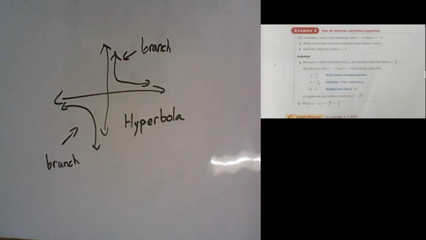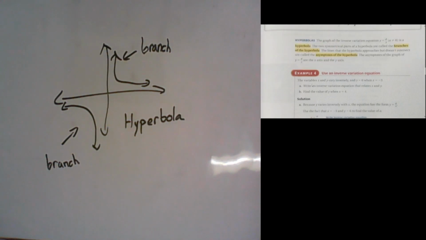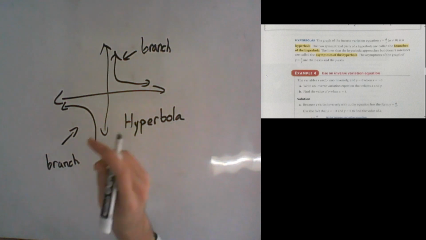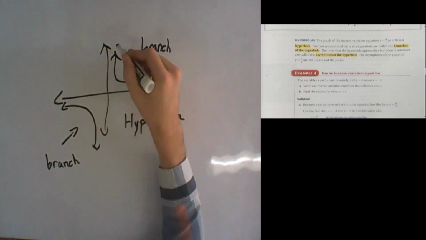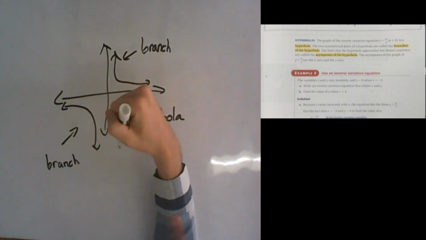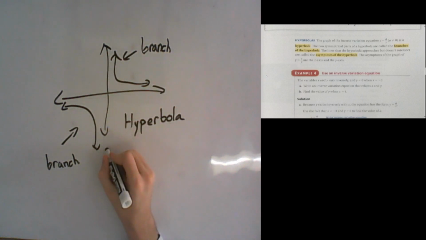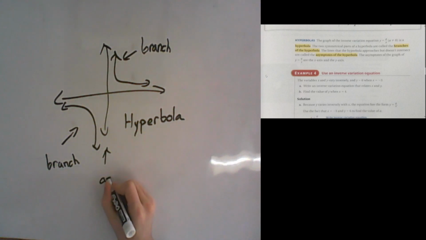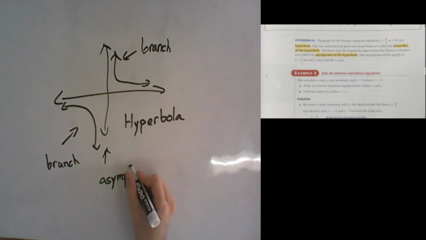Okay? Now, hyperbolas have so many other formulas, but there's 2 things we need to know. First, we need to know that this line right here that we don't cross, you see how we don't cross it? That's actually called an asymptote.